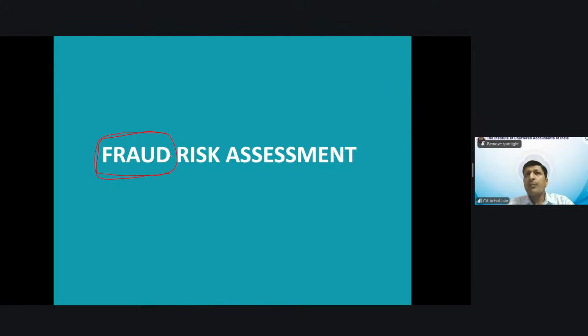If there are some errors in the financial statements, or when you use the term misstatement in respect of the financial statements, there can be two categories of misstatements.